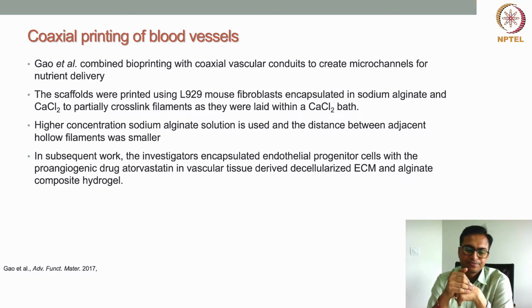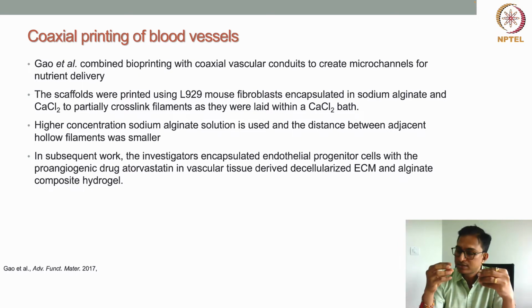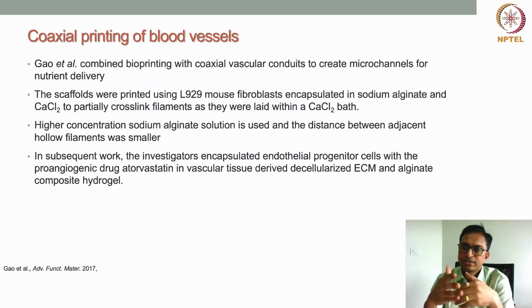Using coaxial bioprinting, they generated a sodium alginate tube-like structure filled with calcium chloride solution. The calcium chloride here is a crosslinker for the sodium alginate, so the alginate bioink solidifies and gets an open lumen, tube-like structure loaded with the L929 cells.